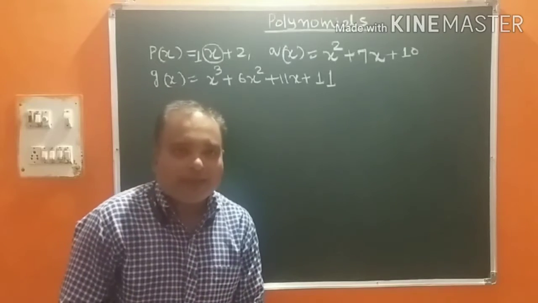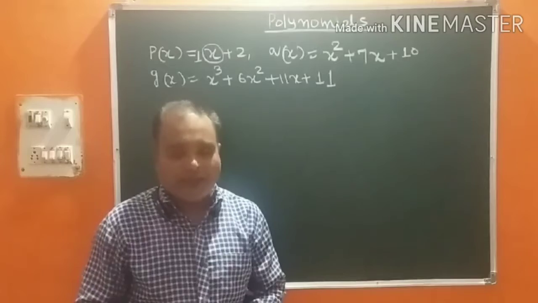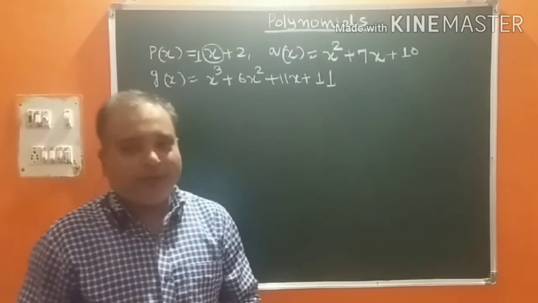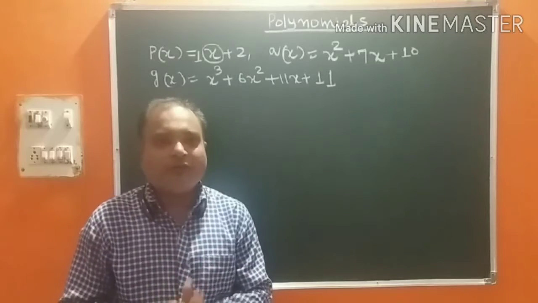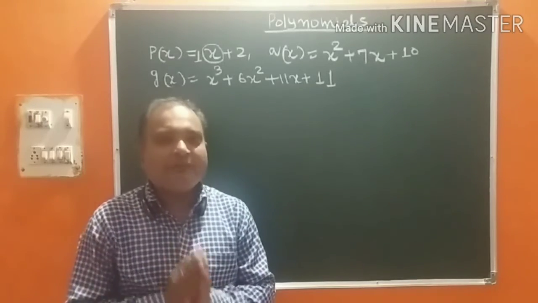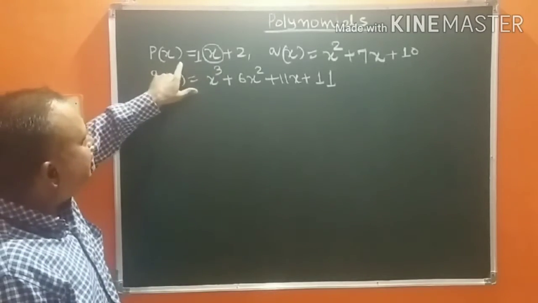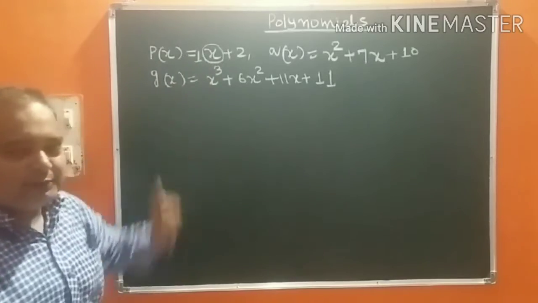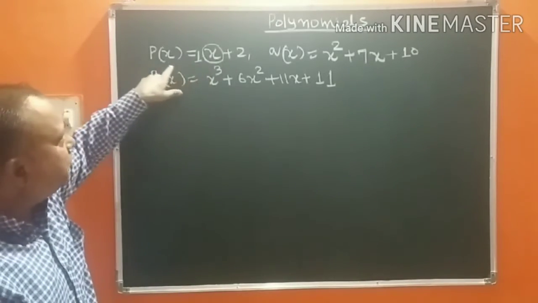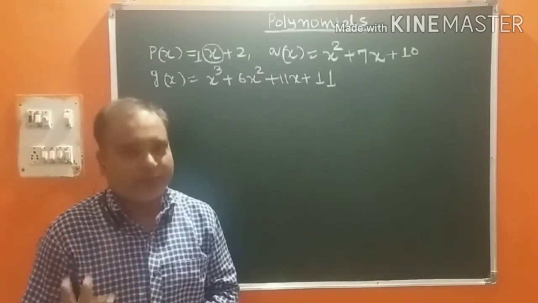Now the next topic is how we can identify whether the polynomial is linear, quadratic, cubic or biquadratic. Basically it depends on the highest power of variable present in that polynomial. In polynomial p(x) equal to x plus 2, the variable is x and the highest power of variable is 1. So we can say it is a linear polynomial.